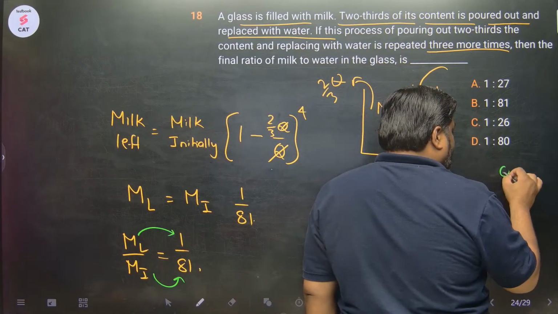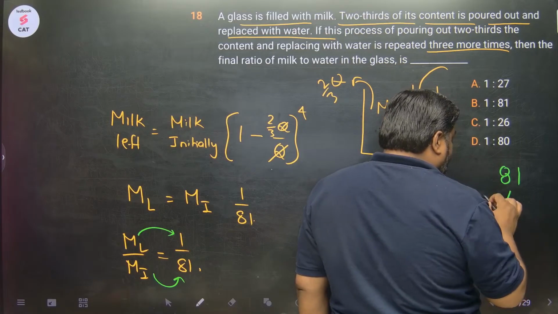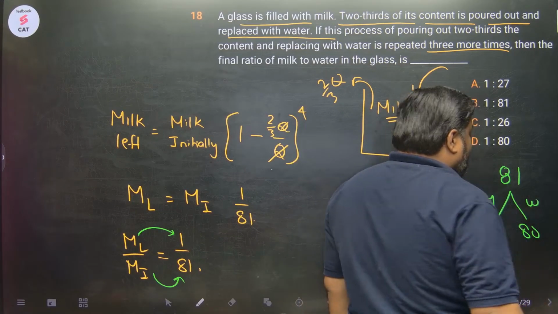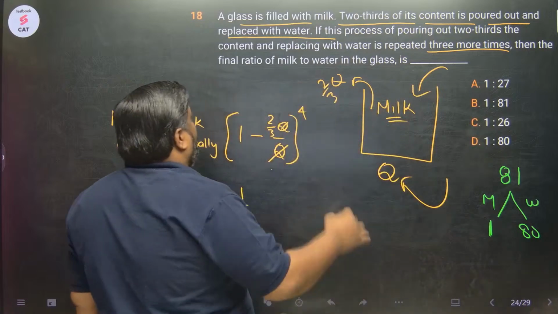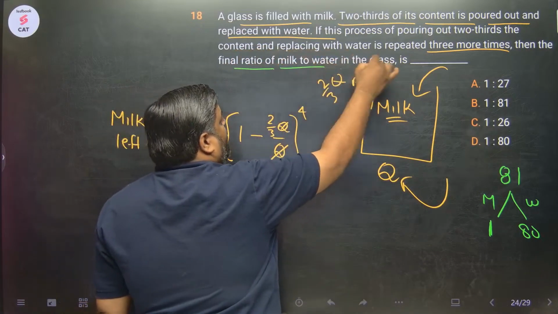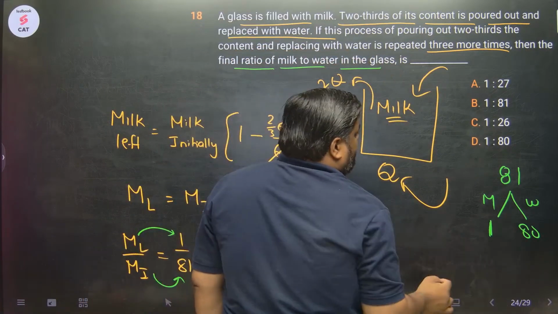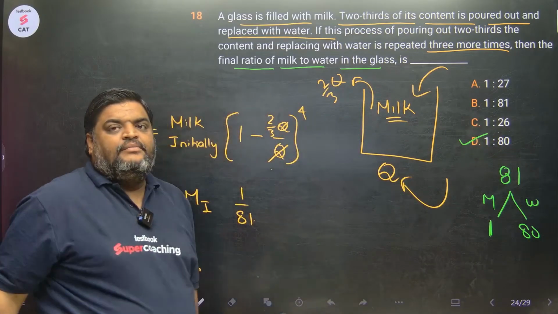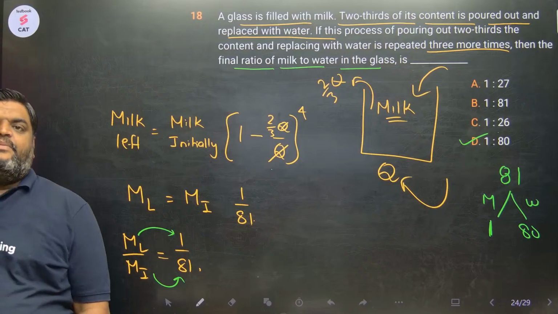Okay, out of 81 only milk is 1, so remaining 80 is water. है ना? So you had to find the ratio of milk to water. Now milk to water का ratio is 1/80.